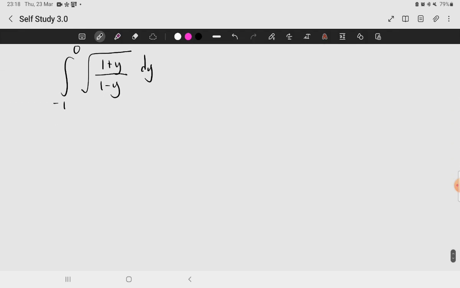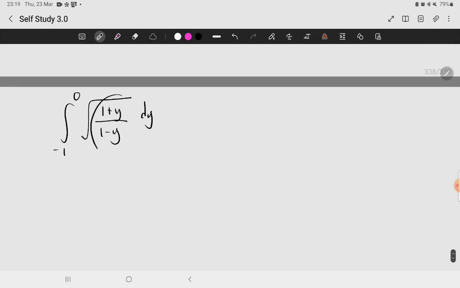But the way to solve this is that we first multiply the function inside the square root by 1, or we multiply it by the conjugate of the denominator.